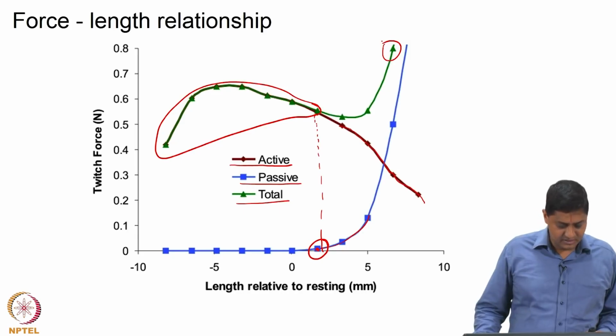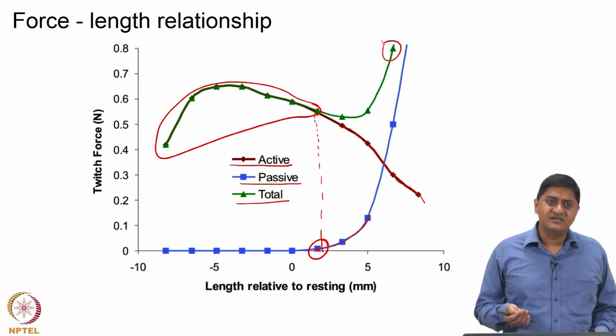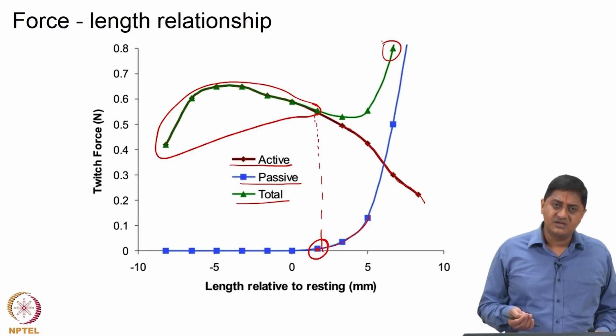Beyond an acceptable length, there is going to be a great resistance, which is basically a combination of both active and passive resistance. What do we mean by active resistance? Active resistance is the resistance that is produced by cross bridge formation, by neural control.